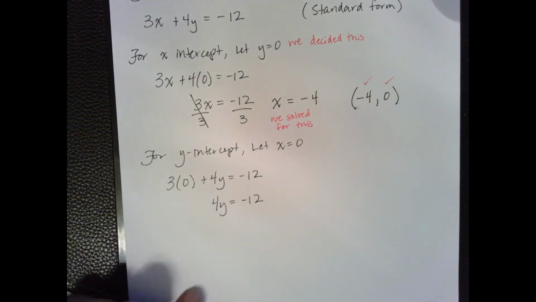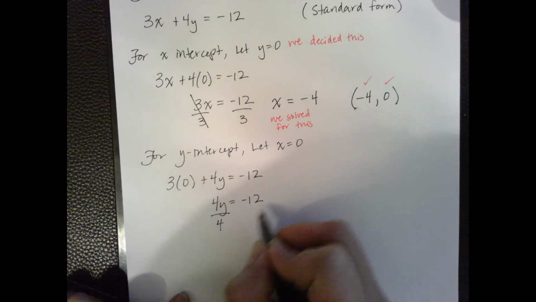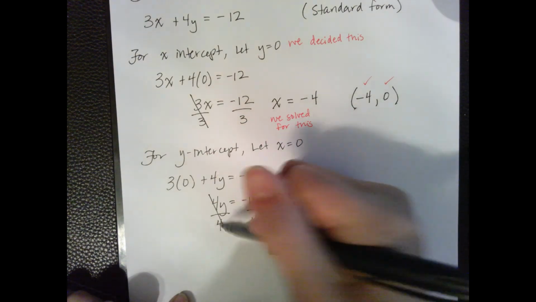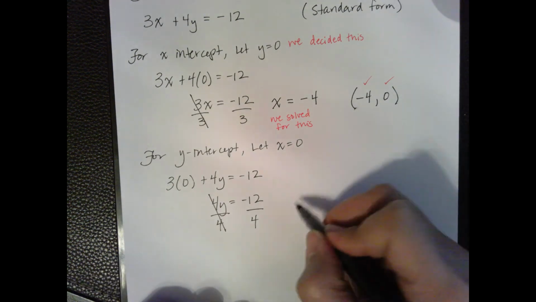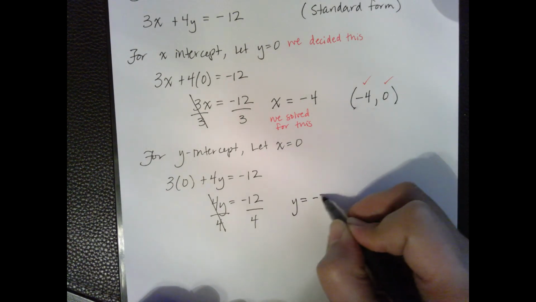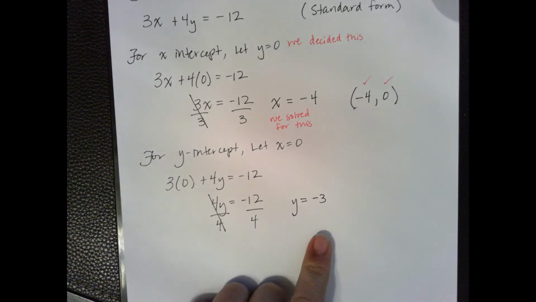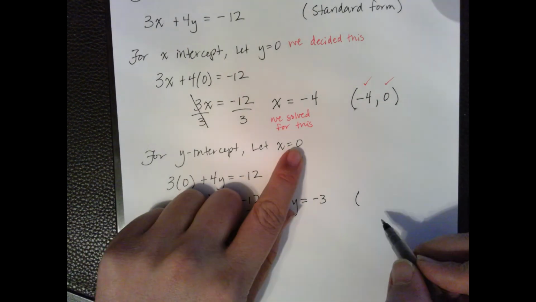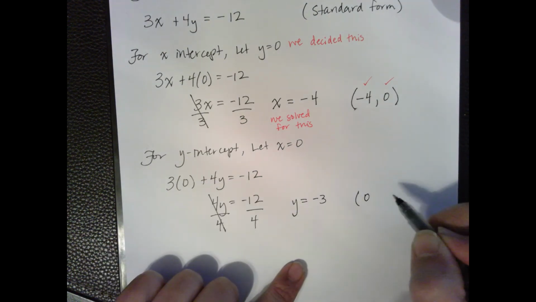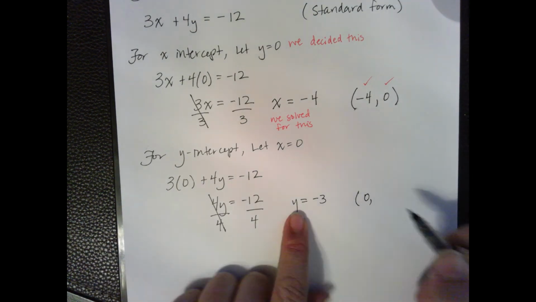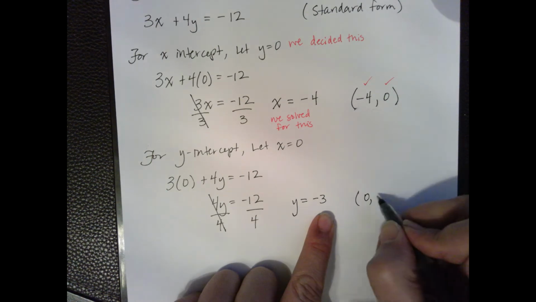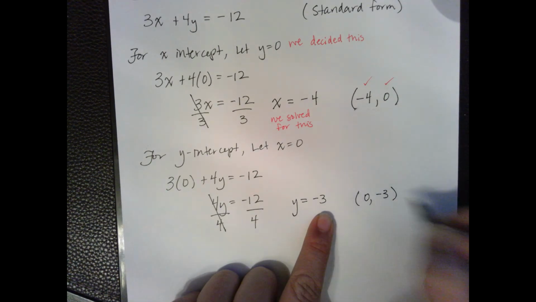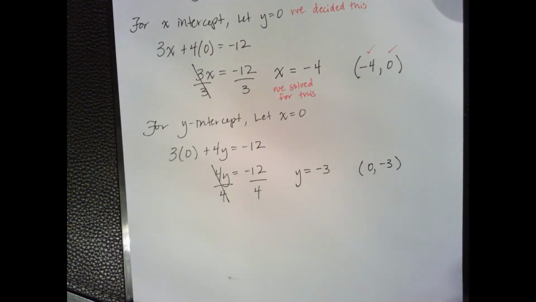I divide both sides by 4. Okay, that gives me y equals negative 3. Okay, so for my y-intercept, I have the ordered pair, and I let x be 0, so here I have 0. And I solved for y equals negative 3, so that goes in the y component, negative 3. Okay.